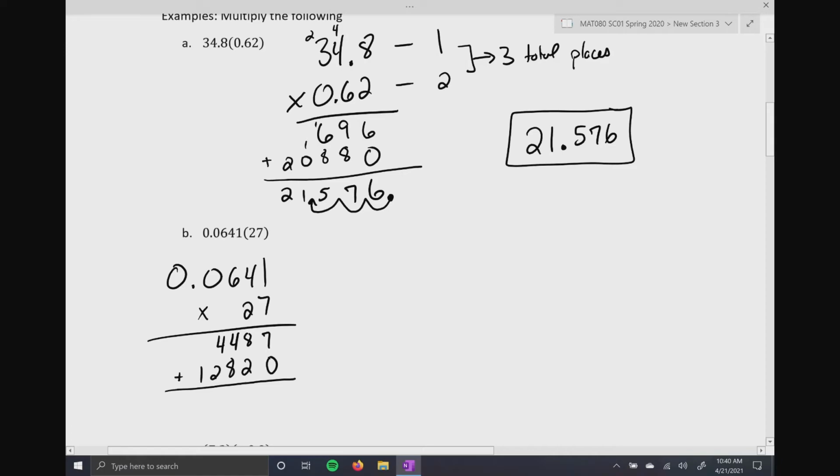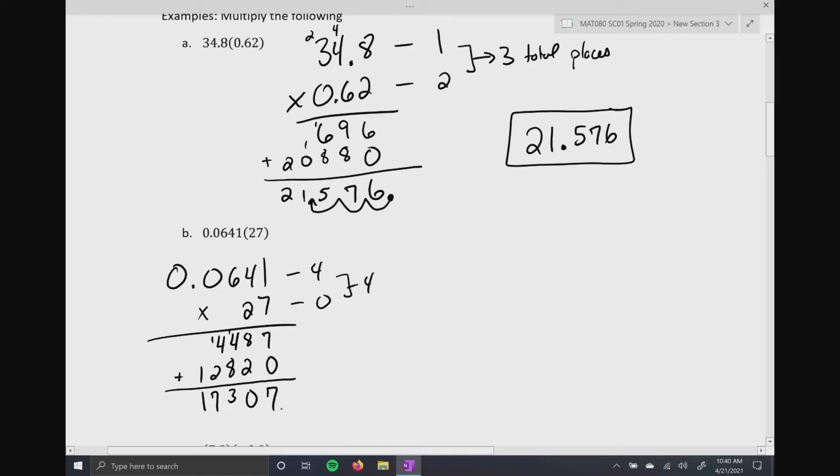Now I add the two products together. So I get a 7. 10, carry the 1. Let's see, that's going to be 12. 13. Carry the 1. 5 and 2 is 7 with a 1. Now I count decimal places. 4 and 0. So I have a total of 4 decimal places.